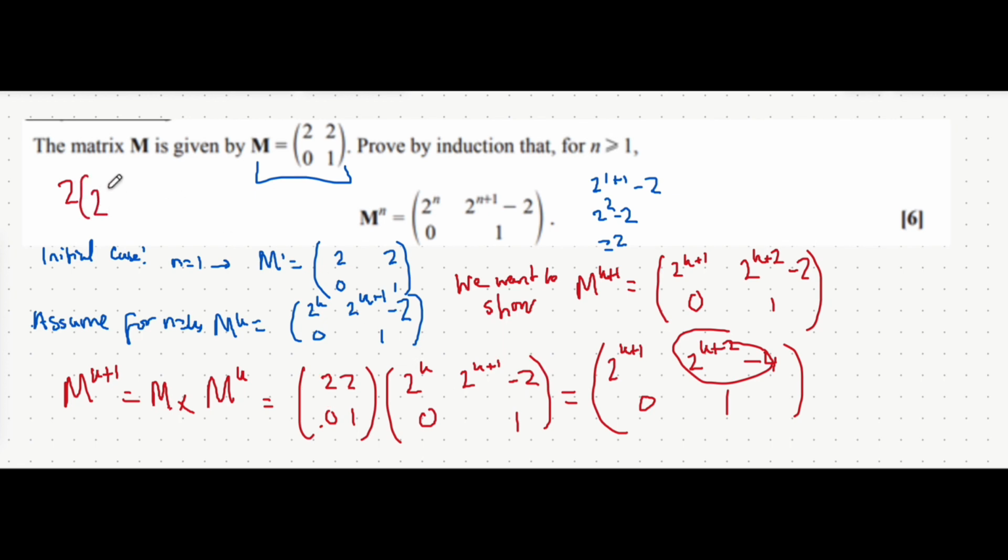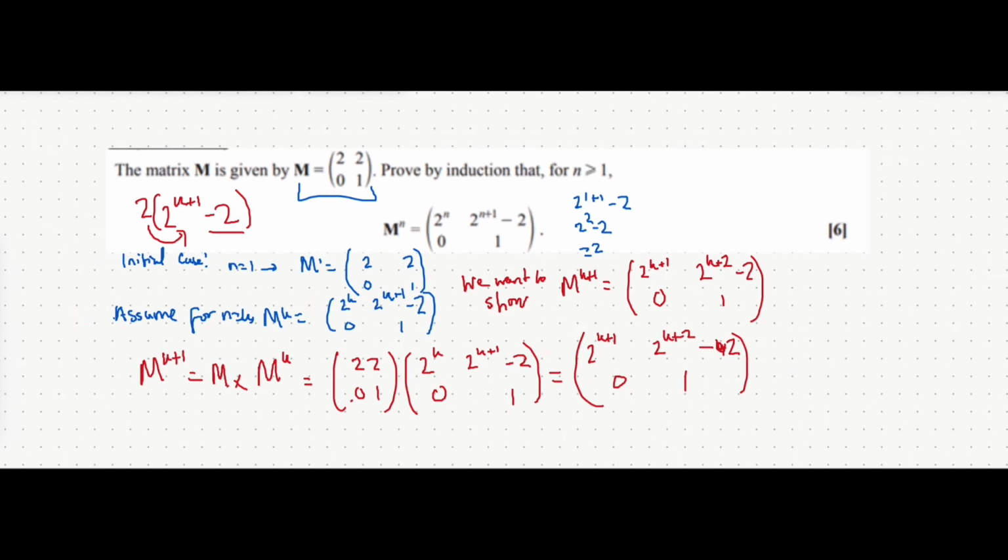This is a very common mistake actually, so it's good that I made this mistake so that you guys can see it. You don't multiply 2 to each individual term. You only multiply 2 to one of the terms, because that's how multiplication works. So it's only the first term that we're going to multiply by 2 to get to 2 to the k plus 2. And we sort of leave this minus 2 as it is. And just like that, it matches what we want to show.